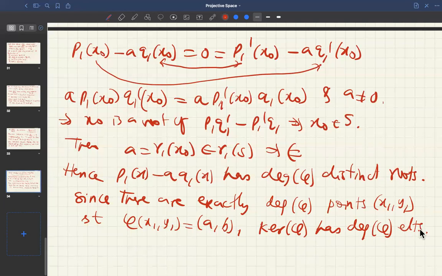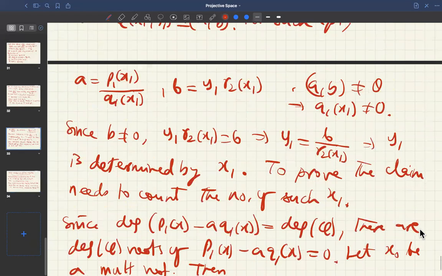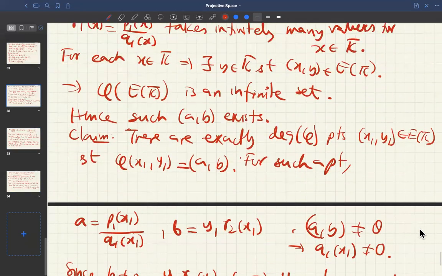Okay, so I want you to understand this. So remember this. When we see the kernel, how many elements are there in the kernel? For AB I have exactly degree of phi points.